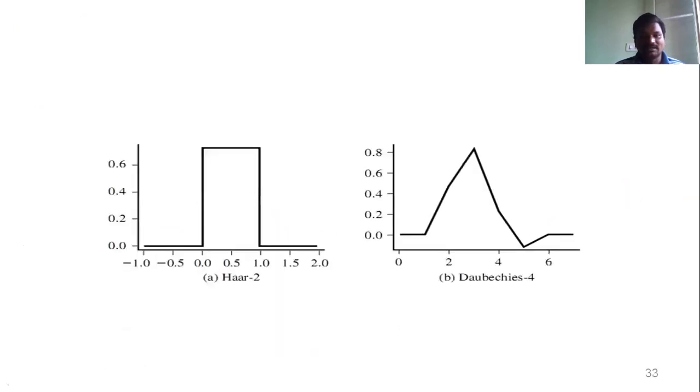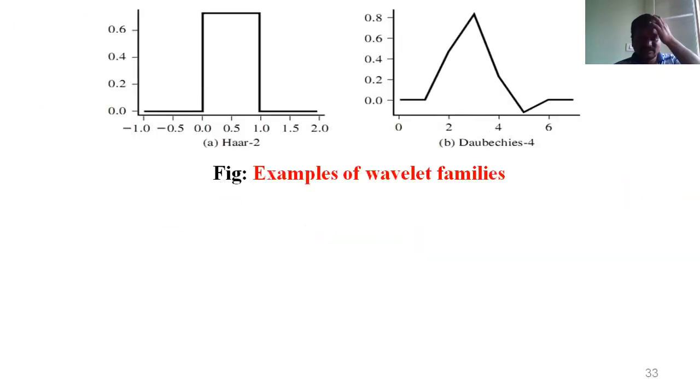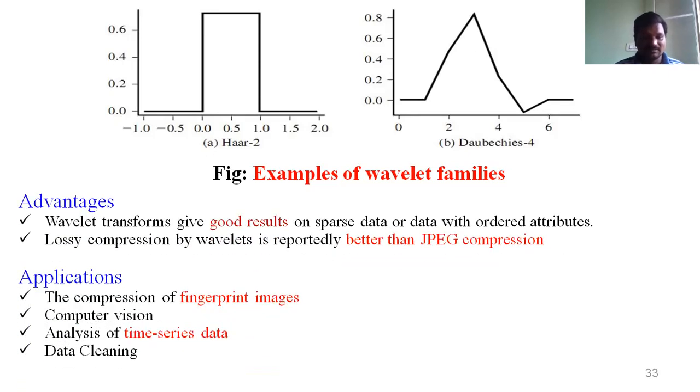These are all different examples of the wavelet transform. In this wavelet transform method you may lose the data. Some of the advantages: it always gives a good result on sparse data or data with ordered attributes. Another advantage is that lossy compression by the wavelet is reportedly better than the JPEG compression format.